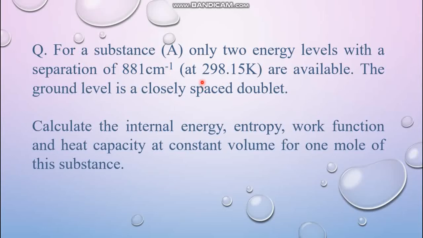That means on the energy axis, it is just above 881 centimeter inverse. Okay, so you have only two energy levels, and then from this system you can easily calculate the internal energy, entropy, work function, heat capacity, and other functions also. So how to do this? Let us try to find them out.